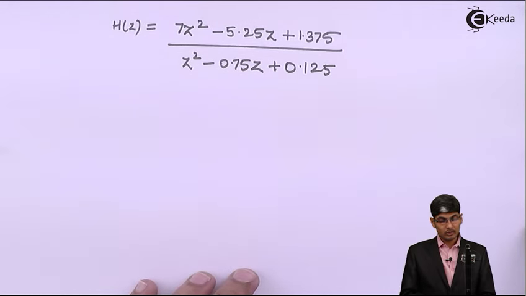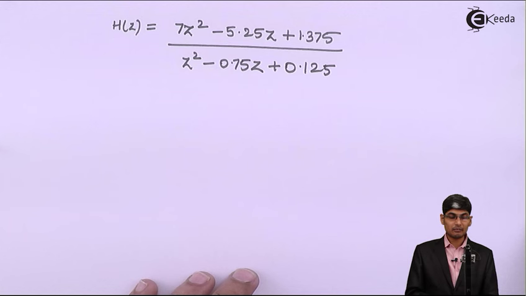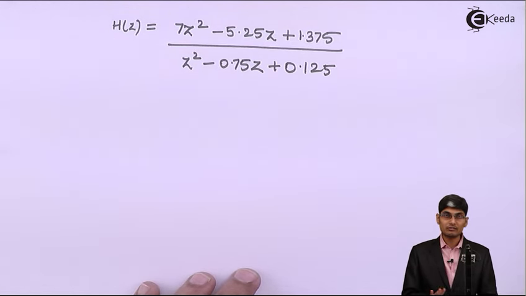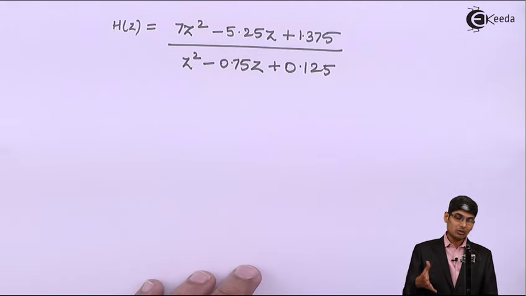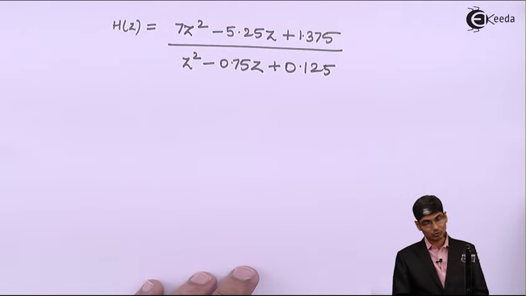What I do is I divide numerator and denominator by z square, because I want the terms to be in negative powers of z. To adjust them into negative powers of z, I need to divide the whole equation by z square.